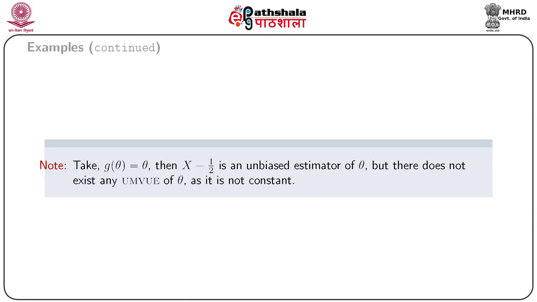For example, if g(theta) equals theta, then an unbiased estimator of g(theta) is X minus half, but there does not exist any UMVUE of theta.